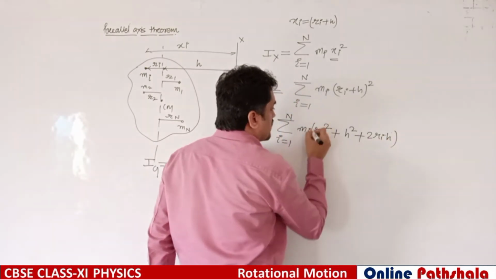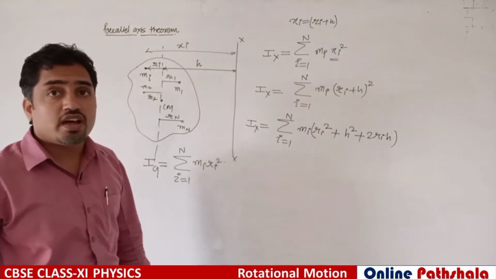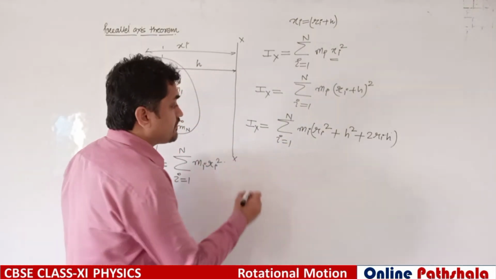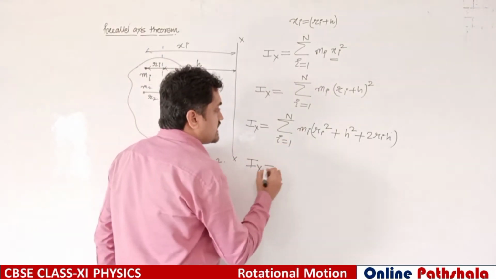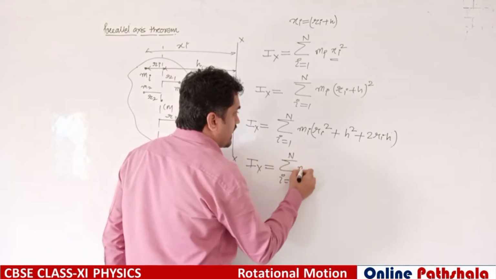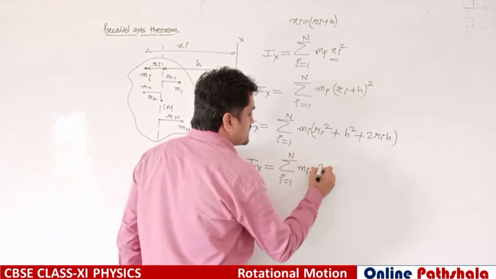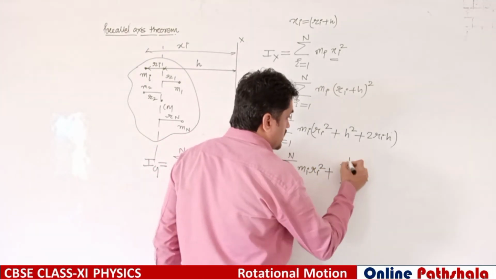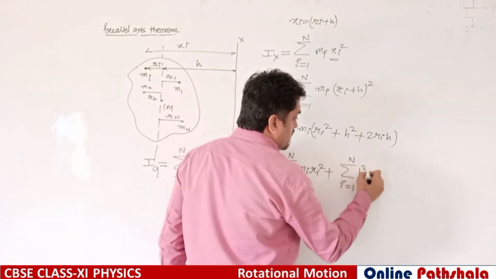Okay. Now we can multiply this summation and mi inside the bracket. We are getting Ix equal to summation i equal to 1 to n of mi ri square plus summation i equal to 1 to n of h square mi.